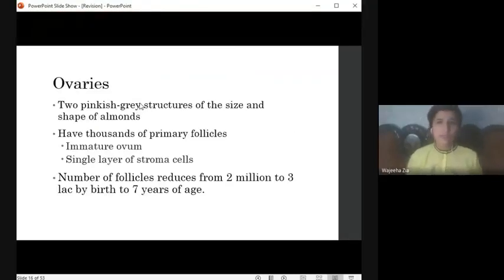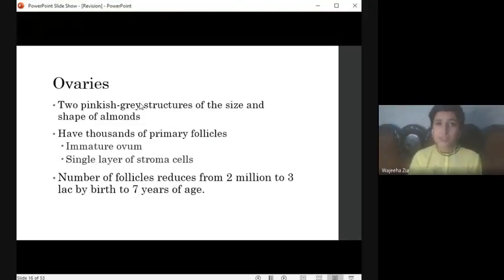The ovaries are just the size of an almond, the same shape as the almond and the same size. They are pink in color, and the ovaries consist of thousands of primary follicles, and each follicle further consists of two parts.